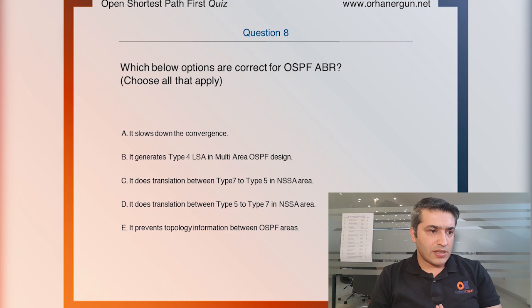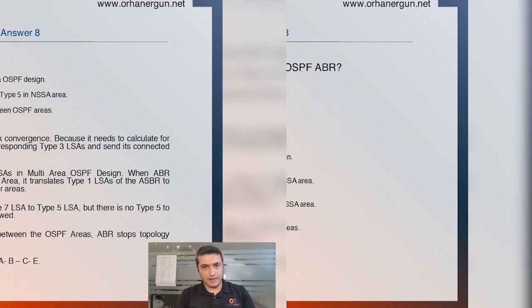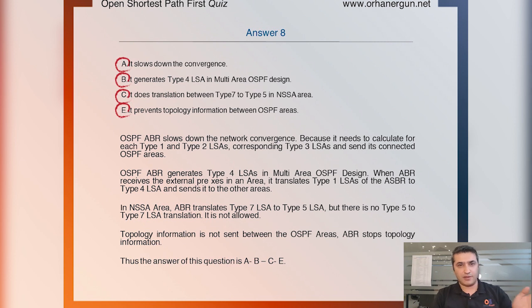D, it does translation between type 5 and type 7 in an NSSA area. Guys, there is no type 5 to type 7 translation. This is wrong, okay? Technically a wrong answer. Option E, it prevents topology information between OSPF areas. Exactly. There is no topology information between the areas. Topology information is known up to the ABR. After the ABR, into another area, no topology information, only reachability.